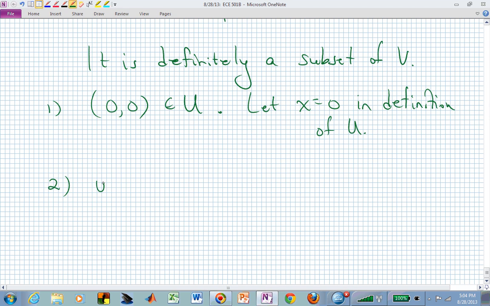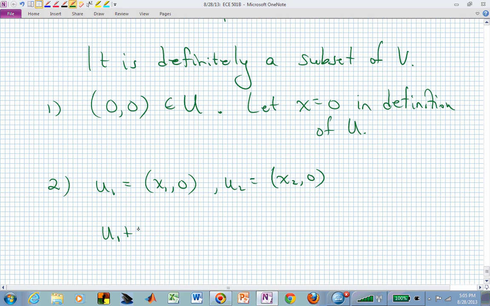Let's now pick a couple of potential vectors from this subset and add them up and see if it makes sense. So let's say U1, which we'll just say is x sub 1 comma 0, and U sub 2, which is x sub 2 comma 0.